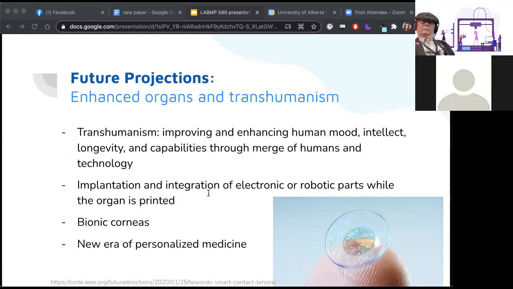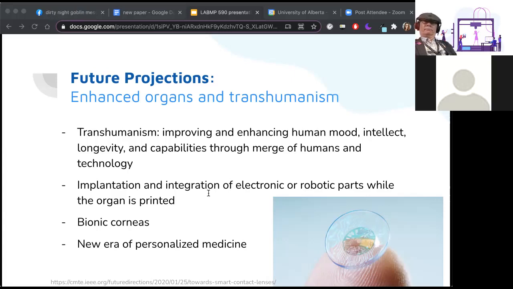So the transhumanism movement believes in improving and enhancing mood, intellect, longevity, and human capabilities through the merge of humans and technology. And bioprinted organs will likely play a key role in achieving this type of future.